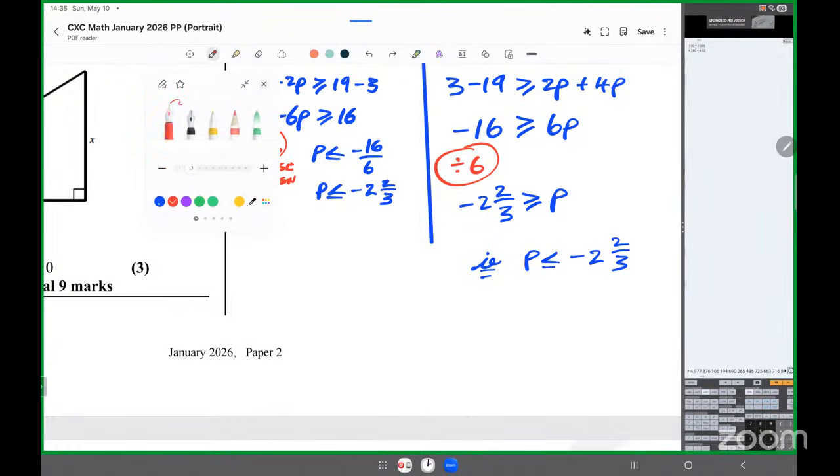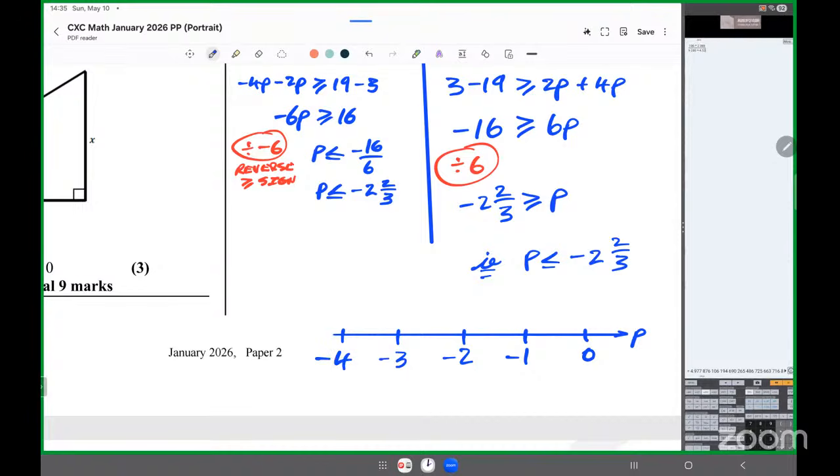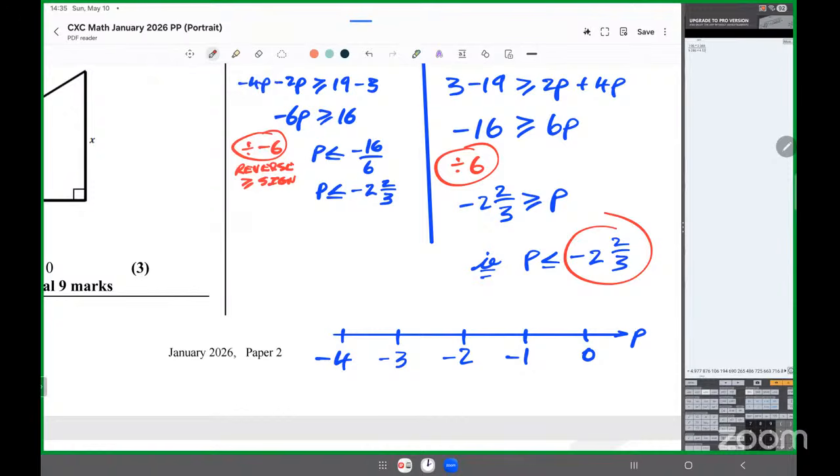And this is a p-axis. And we're working in the negative range. So let's say we put 0 here, then -1, -2, -3, -4. The critical value is -2 2/3.